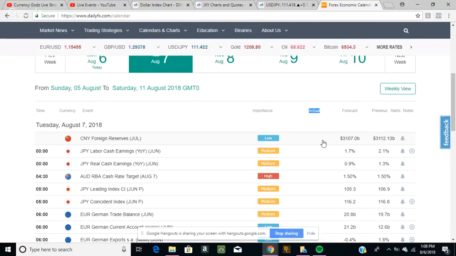If that number comes in higher than economists estimated, it'll be a positive thing for that Chinese yen.